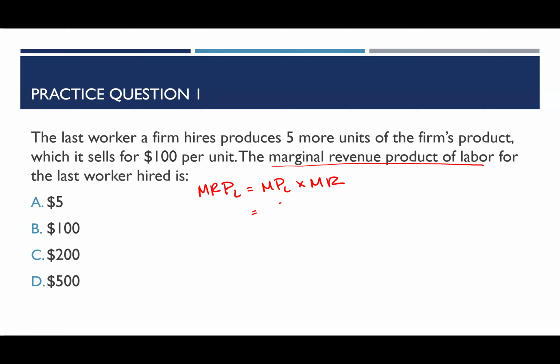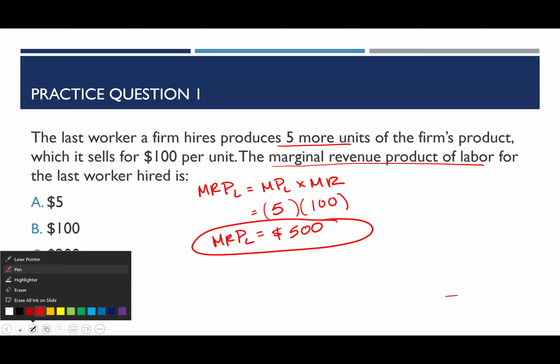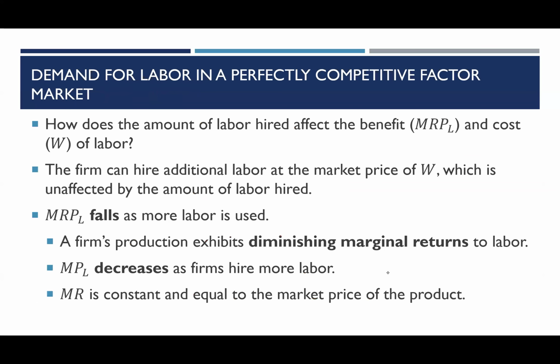The marginal product we were given was 5, and we're going to multiply that by marginal revenue, which is the price, the $100. So that gets us that the marginal revenue product of labor for this last worker hired is $500. Okay, and that's what we see.